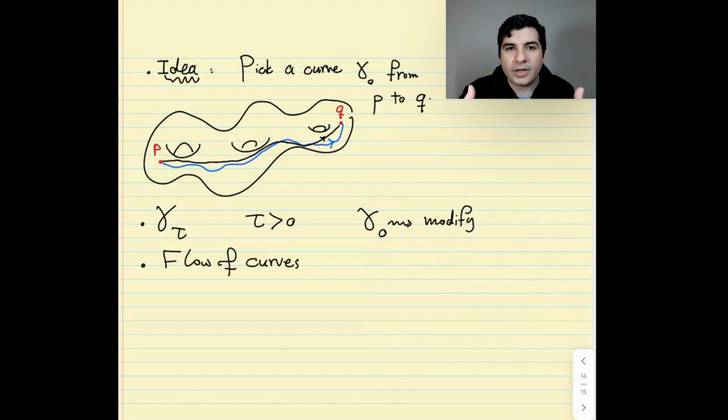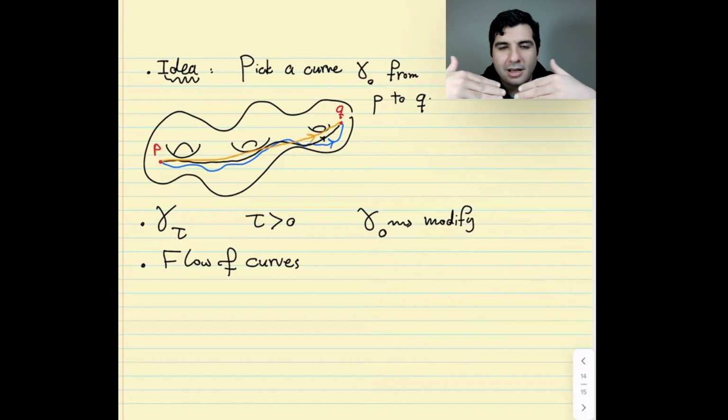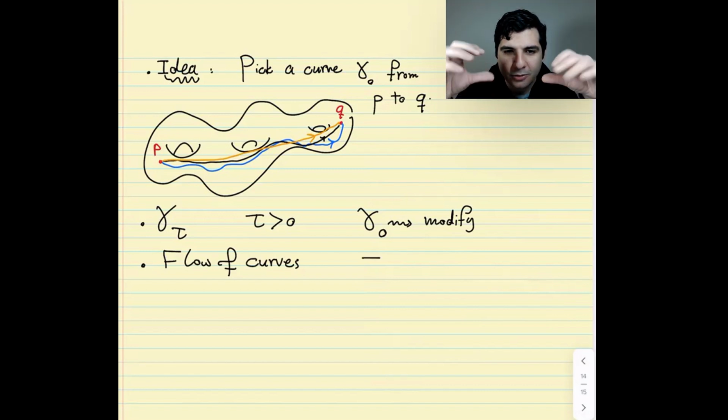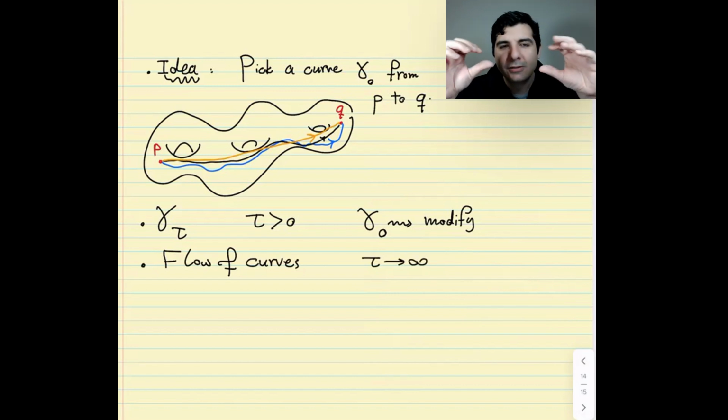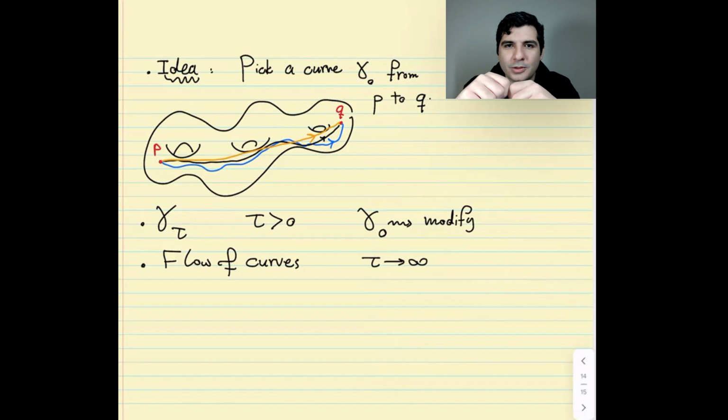So I get a flow of curves. At each stage, you deform your curve a bit so it becomes a bit shorter. And as time goes to infinity, you want it to converge to that geodesic, to that shortest curve.